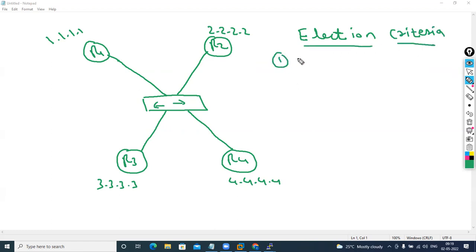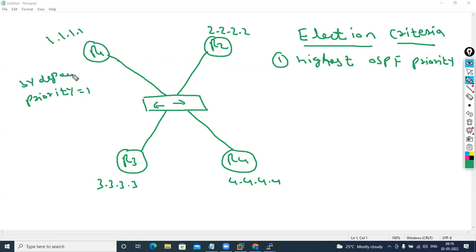First, the highest OSPF priority is preferred. By default, priority is 1. This is OSPF priority, not STP.